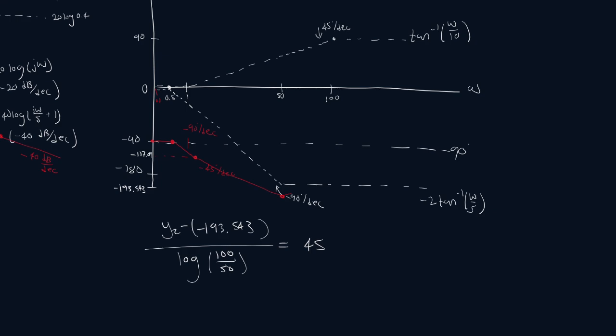So let me see what that gives me. That gives me minus 180. So at this point, we're going to go all the way here, and then after that, we just continue at a slope of 0. So this is 45 degrees, and it's connected and at 100, we're at minus 180.